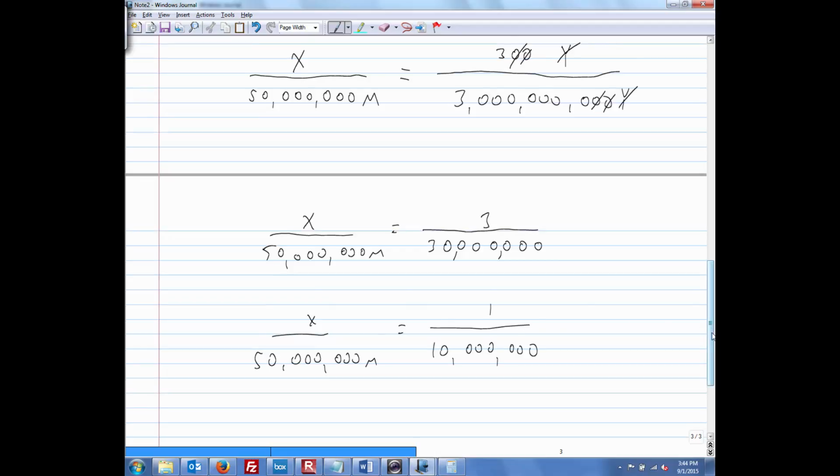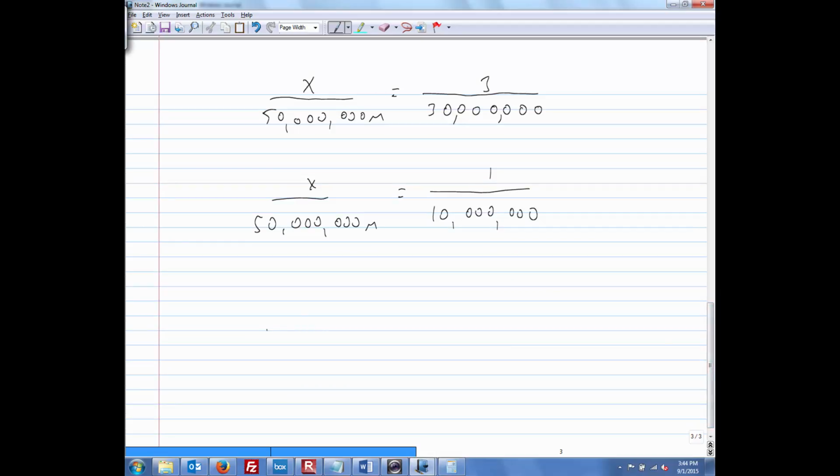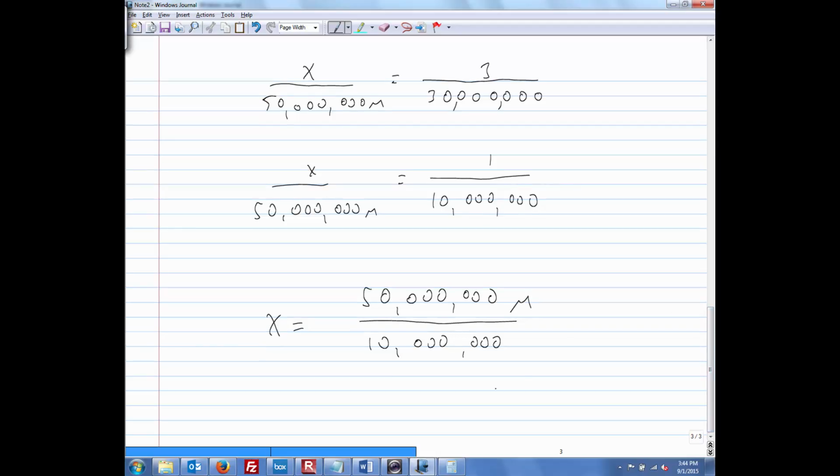And then just to be complete, we'll say that x equals 50 million minutes over 10 million. And hopefully by now it's pretty clear that 50 million divided by 10 million is 5.